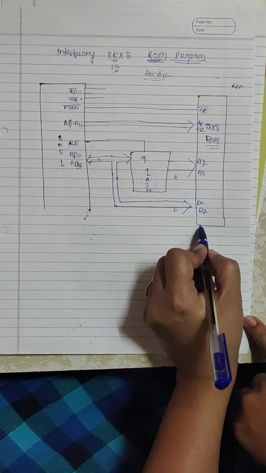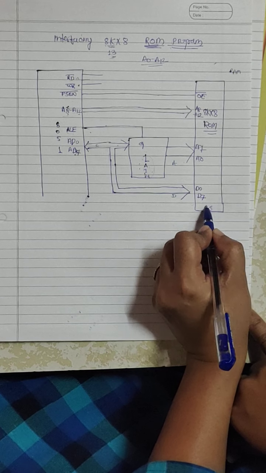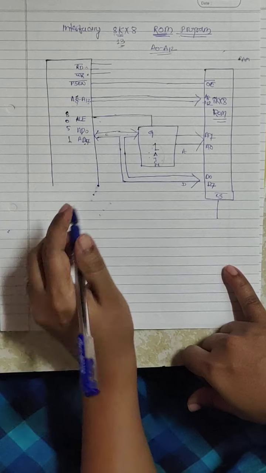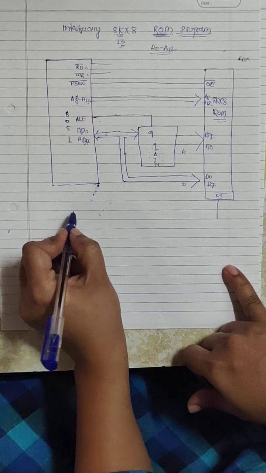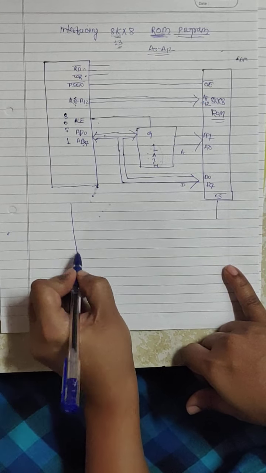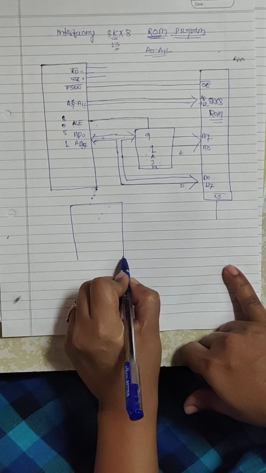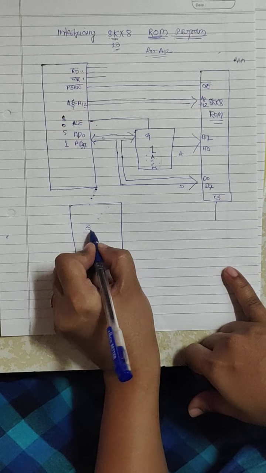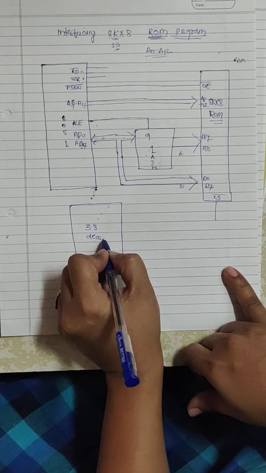Now, next we have to generate the chip select signal. We can use the NAND gate or we can use the decoder. So we will use the 3:8 decoder.